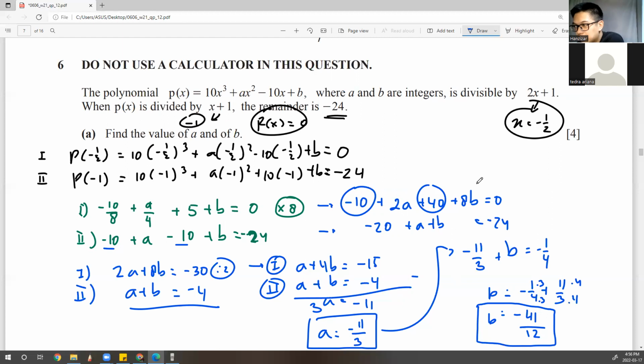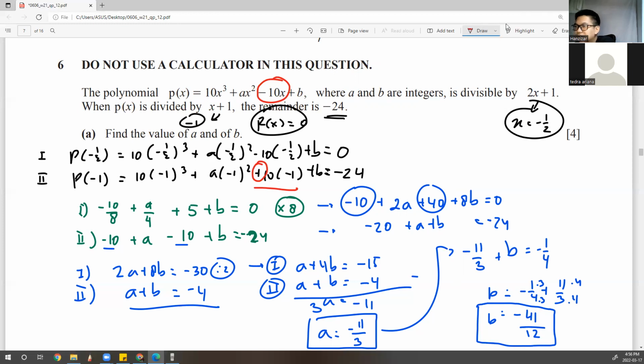Wait. A plus b. See, I got a mistake. There you go. Minus 10x. I put plus 10x here. Messed up, messed up, messed up.